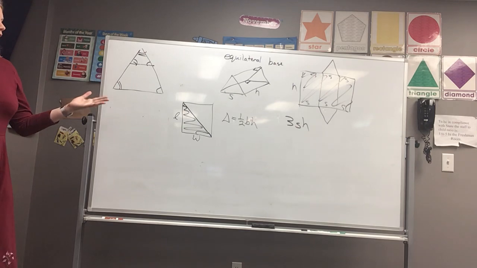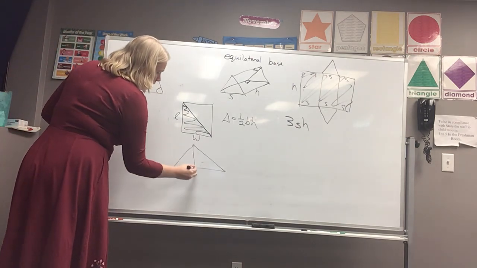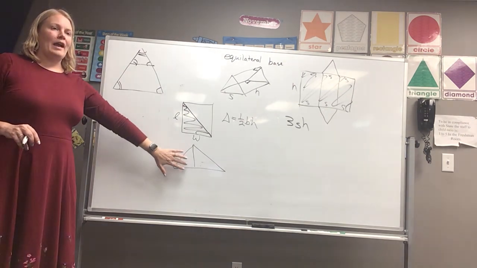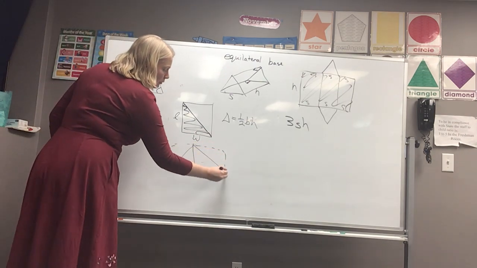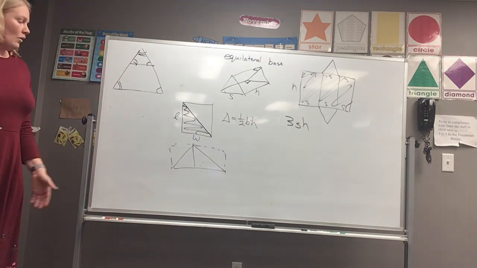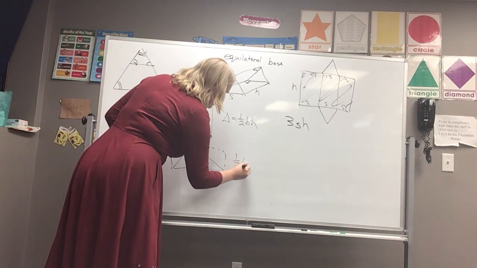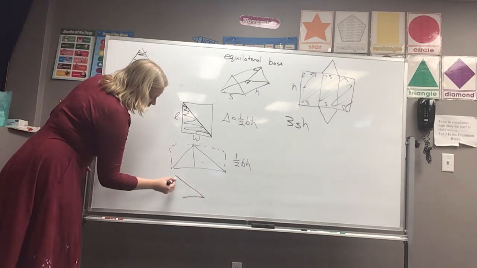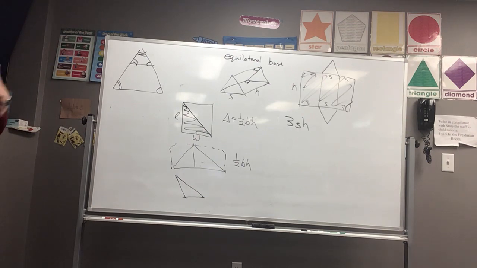If we go a little bit more complicated than that, this is still 1/2 base times the height, because we have half of this rectangle and half of this rectangle. And so altogether we have 1/2 the base times the height. And even if you've got a funny isosceles slanty triangle like this, it actually still is 1/2 the base times the height. So that is our area of the triangle.